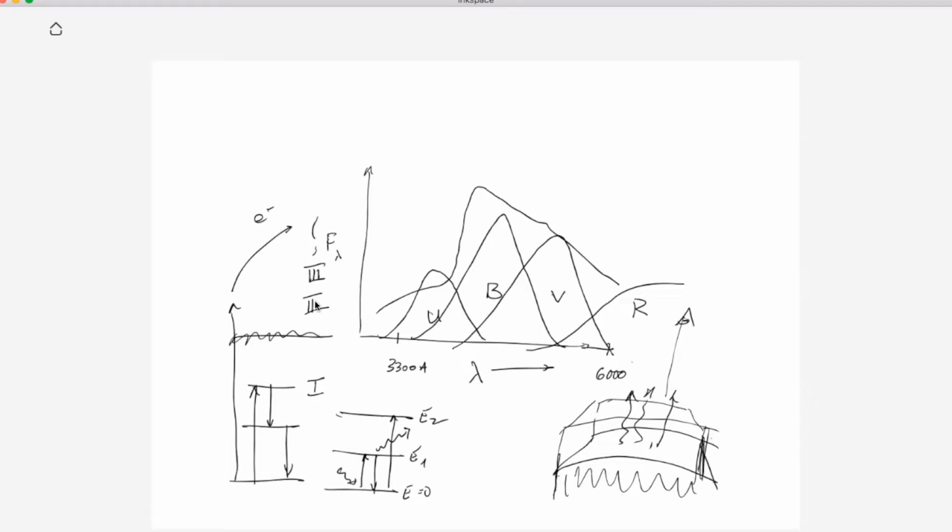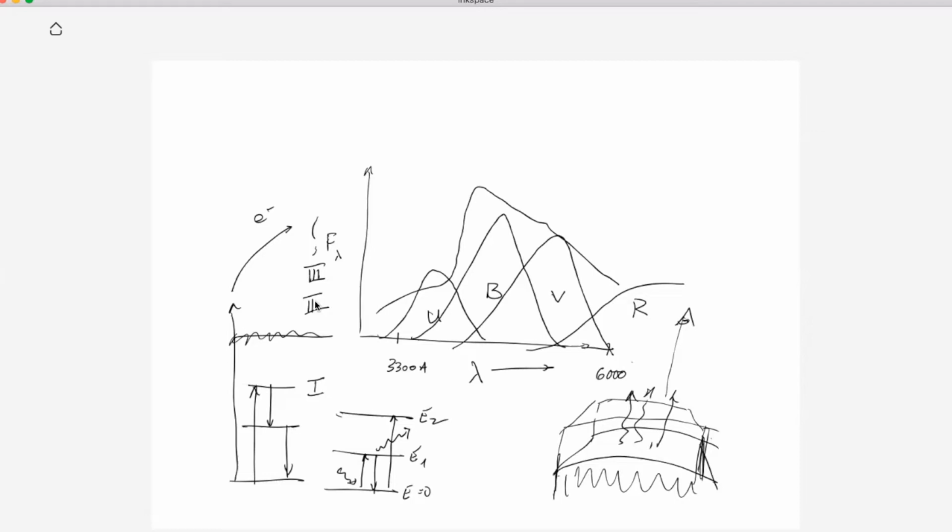All you need to know is that each ion has a unique sequence. So if you're looking at the spectrum and you have a set of absorption lines, you can go to a laboratory list and find a correspondence with those lines measured in the laboratory under different energetic conditions.